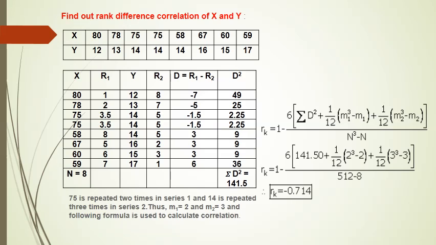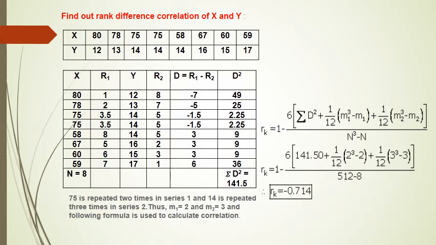So it will be equal to 6 into (141.50 plus 2.5), so 6 into 144. So 1 minus 6 into 144 divided by 504.